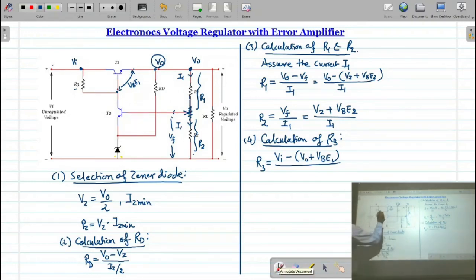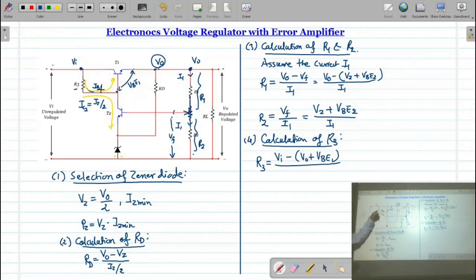I already mentioned that two currents are going to flow through this: this current is IB1 and this current is the collector current. This collector current, that is IC2, is nothing but IZ by 2, and whatever current is flowing here is your IB1.